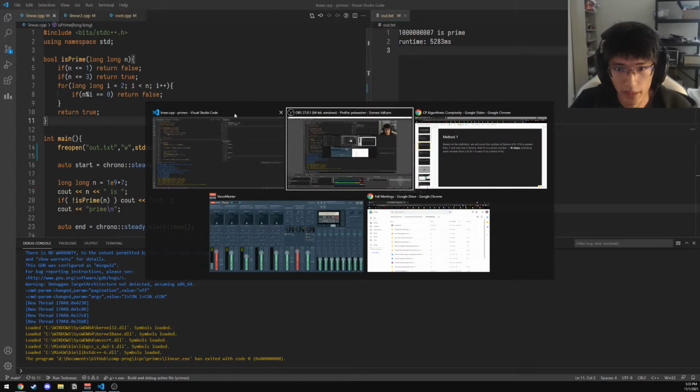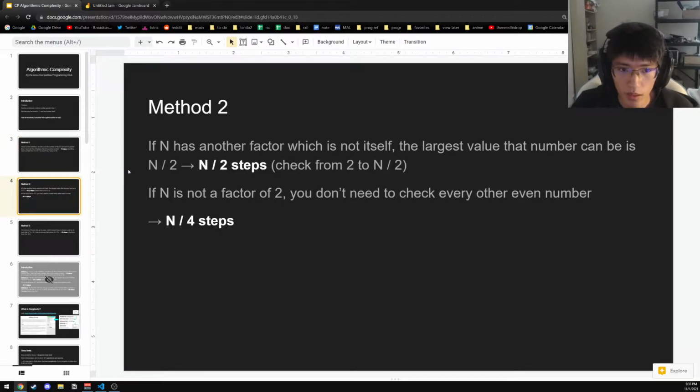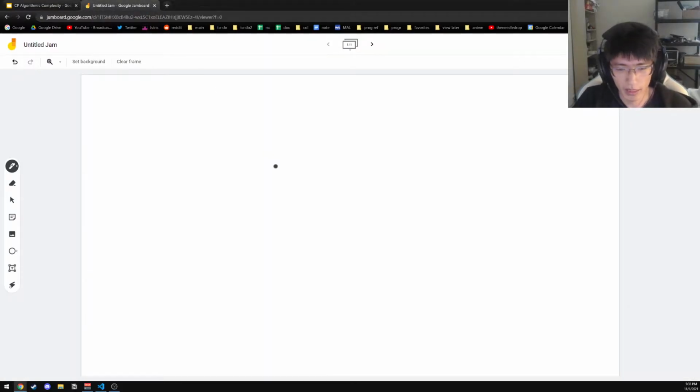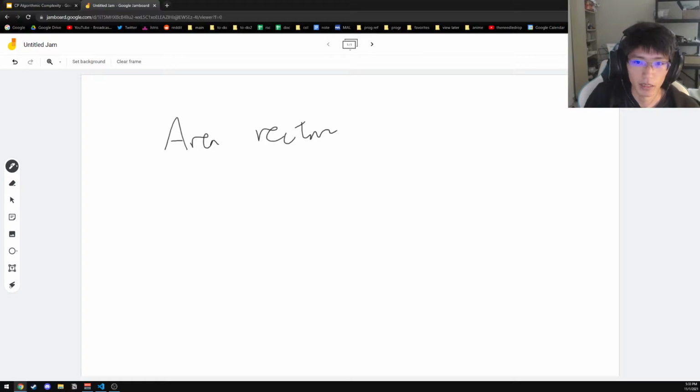So how can we make this faster? If n has another factor which is not itself, the largest value that number can be is n over 2. Let's say you think of the area of a rectangle to be equal to n.